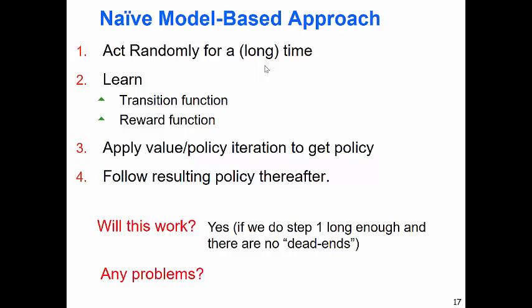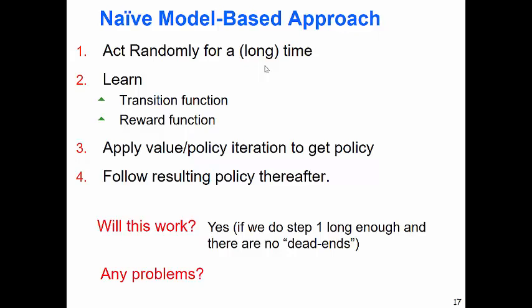Are we happy with this, or what would be your concern about this type of approach? Right, because this is a solution, presumably. Could there be any worse things, that you have to take a lot of time until you can reach the hard states? Yeah, so it's kind of stupid, right? It's not using any knowledge that it's gained along the way, ever. It's just acting randomly, and then it's saying, okay, now I'm gonna think, and I'm done.